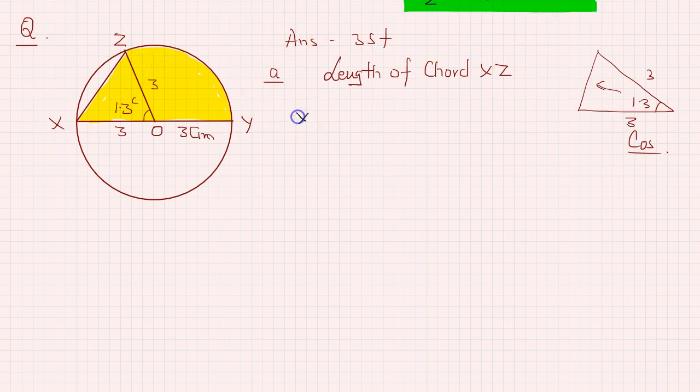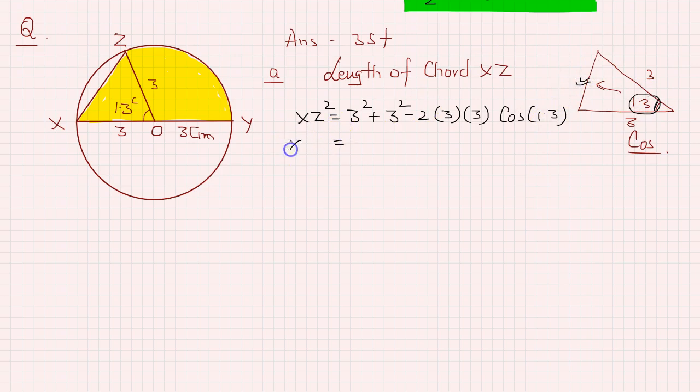XZ square is equal to the square of this side plus the square of the second side minus 2 times one side times the second side and the cosine of the angle between them, that is cos 1.3. Always remember, this is the angle between these two sides. This formula starts with this length and ends with this angle.